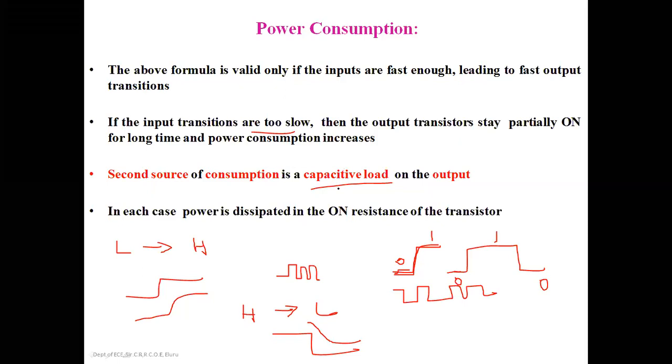During the AC load, the output is switching between the states, that is low to high and high to low. In either of the transitions, one transistor is on and the other transistor is off, so in each case the power is dissipated because of the on resistance of the transistor. In low to high, the P channel resistance. In high to low, the N channel resistance.